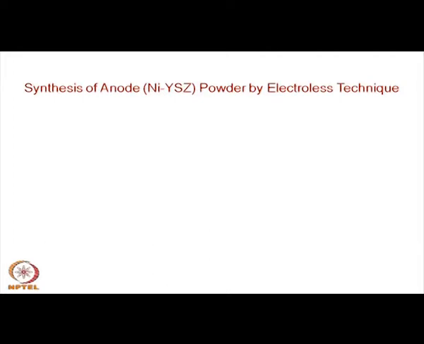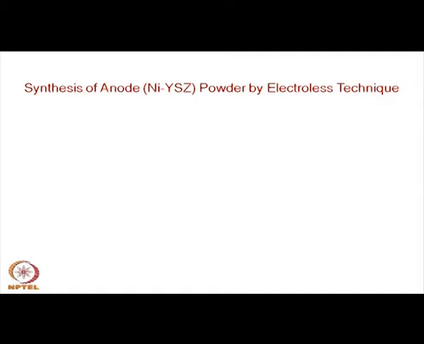Well, let me change the topic to some extent. We have not discussed the details of how the materials are prepared in the powder form and so on, although I mentioned very briefly that these are anyway ceramic powders, whether it is zirconia or YSZ or LSM like lanthanum manganite or nickel YSZ.